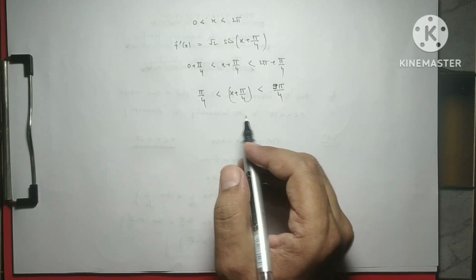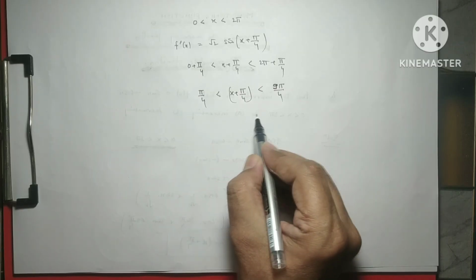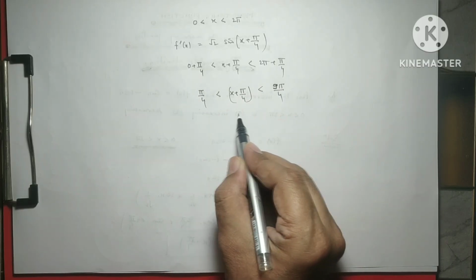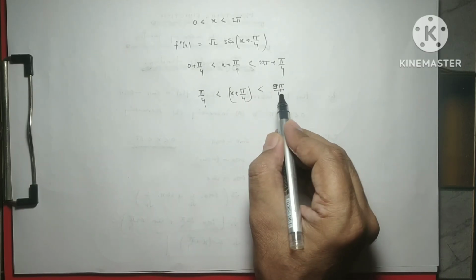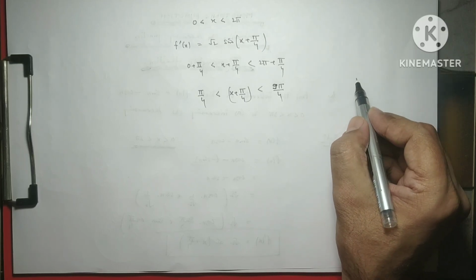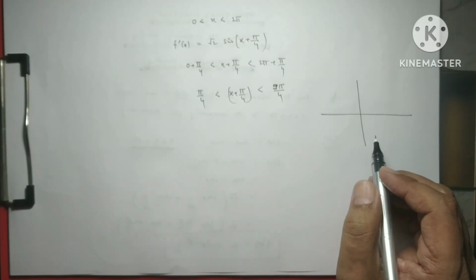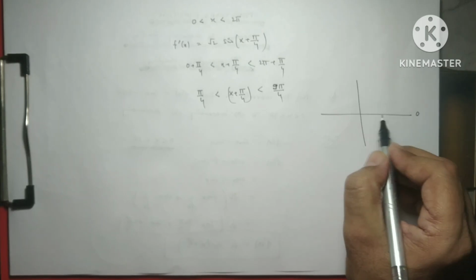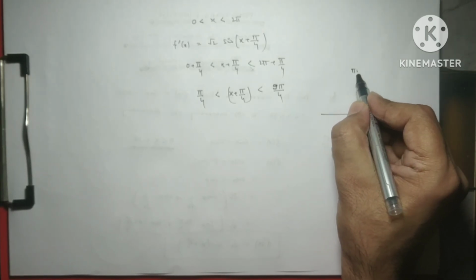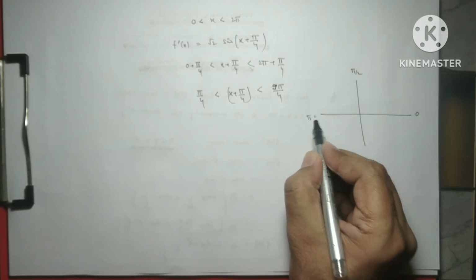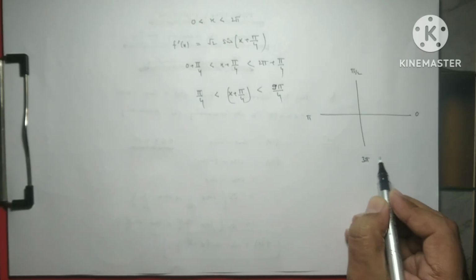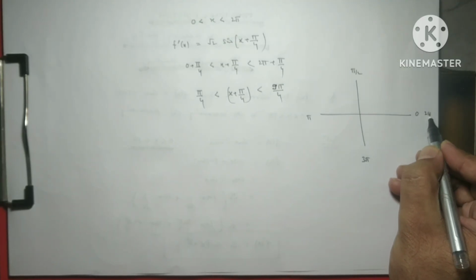So right now our working variation is pi by 4 to 9 pi by 4. According to trigonometric angles, this is 0 angle, this is pi by 2, this is pi, 3 pi by 2, and 2 pi.